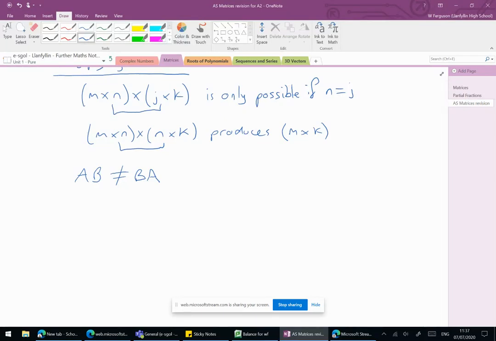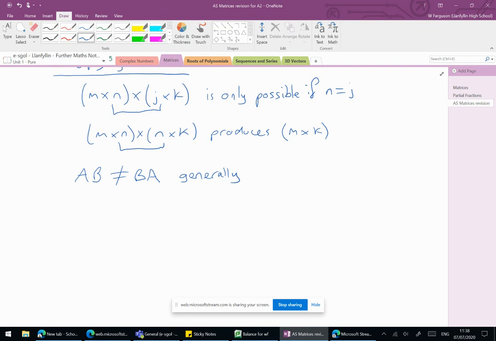So AB is not equal to BA generally. Occasionally it will be, as I say, but in most cases these two things are not the same, and that's relatively obvious just by thinking about the dimensions.